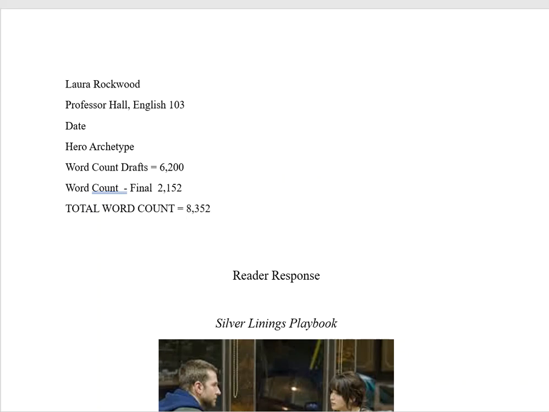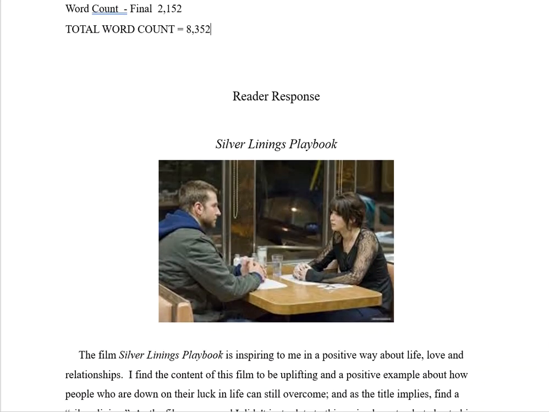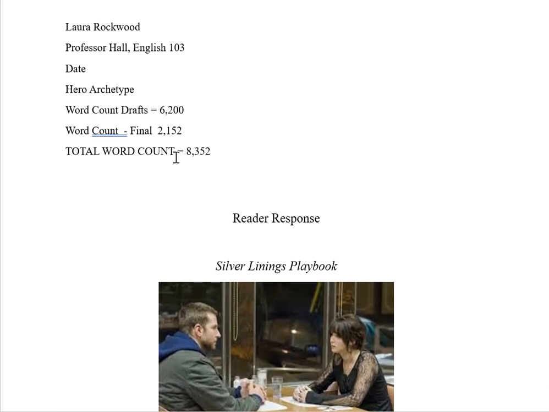And that goes on my document, and whenever I submit this essay for grading, I will be able to show and demonstrate and add to my record that I wrote and created 8,352 words of content, some of which appears in the final draft. I hope that makes this clear.